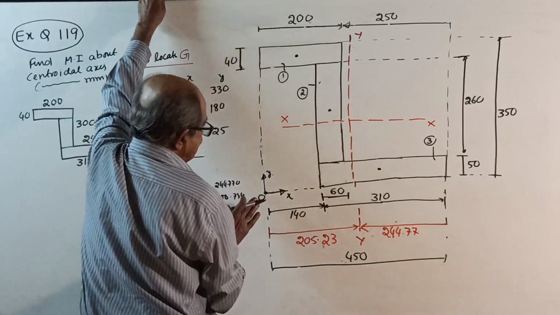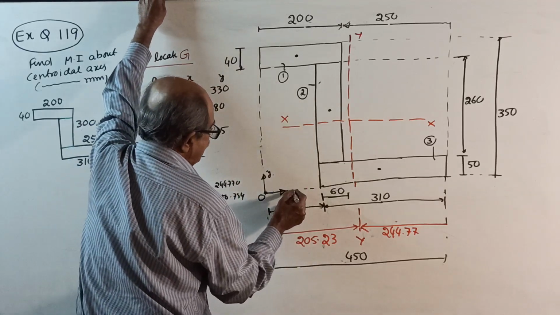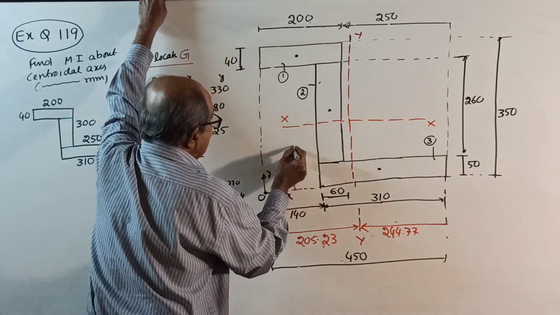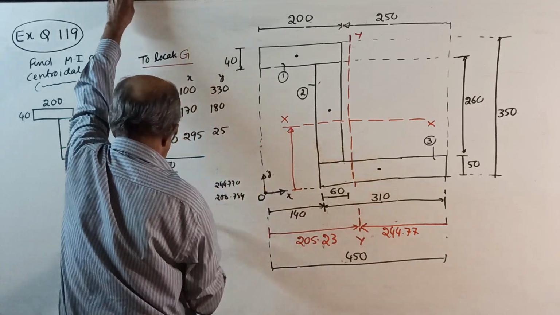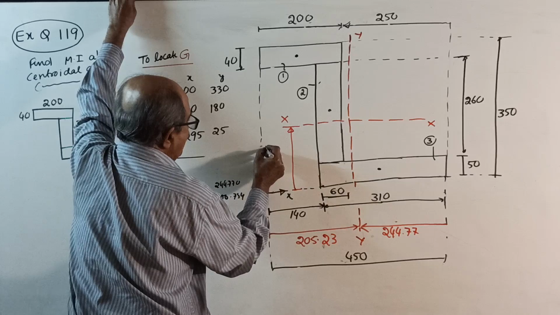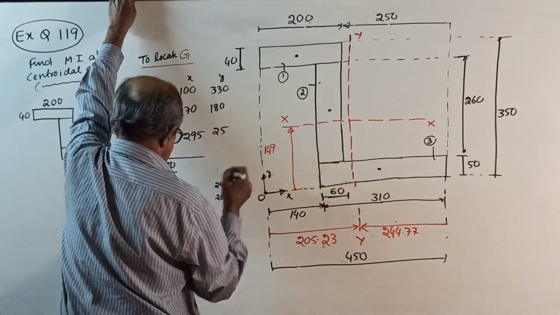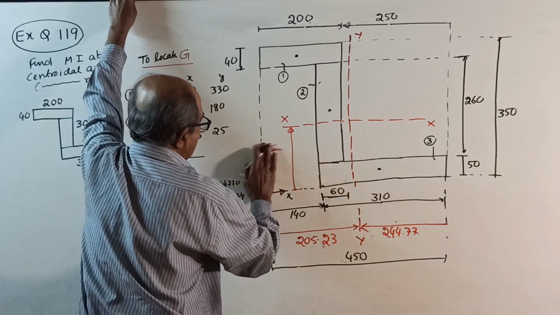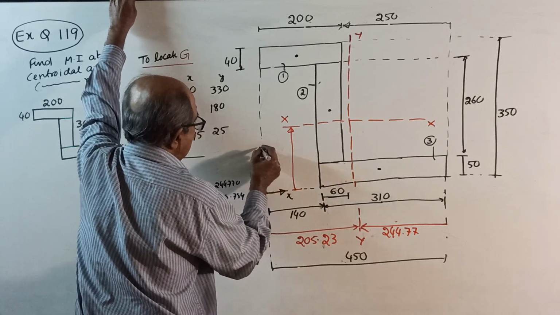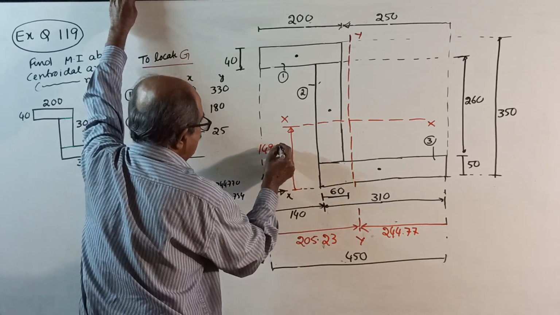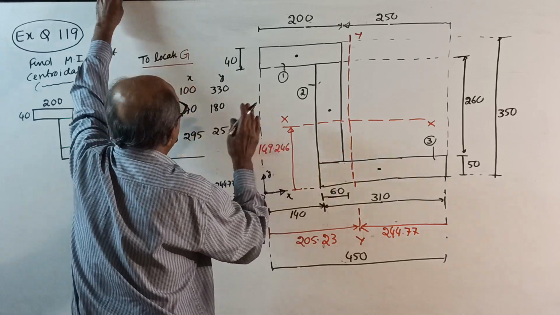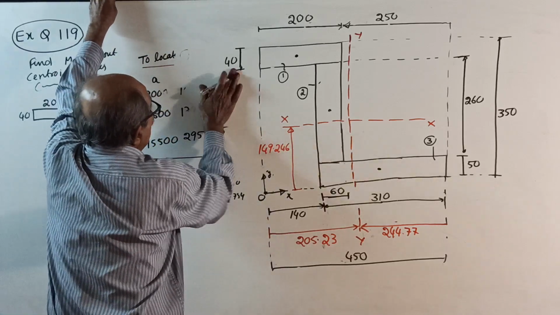Now from here to here, this distance will be how much? 149.246. I write it neatly here. Then this all I will remove now, not required.